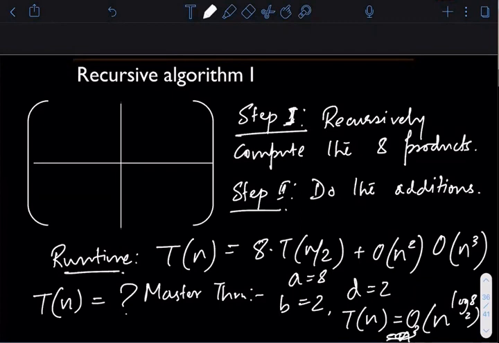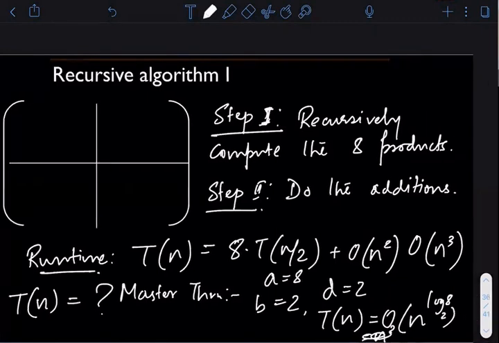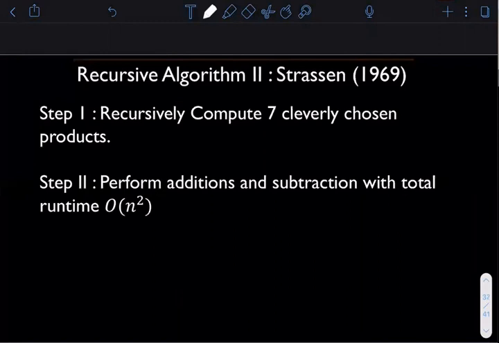Now, in this case, this is not at all obvious, but that's where Strassen came in. In 1969, he gave an algorithm which is again recursive, but now he could do away with only computing 7 cleverly chosen products.